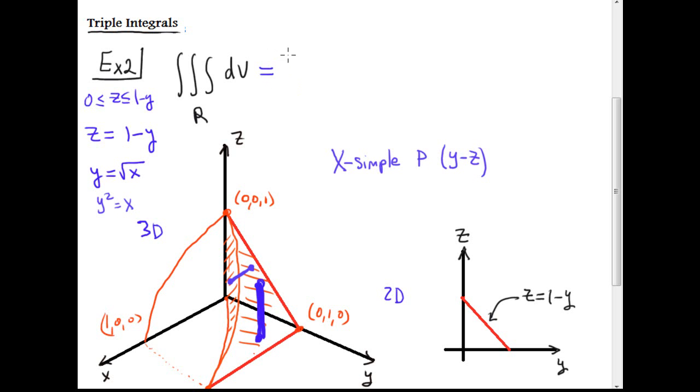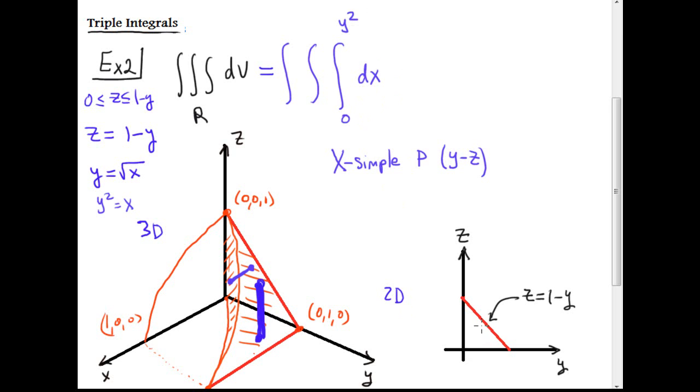Okay, let me set up the first integral. Triple integral. You integrate first with respect to x because it's x simple. The limit is from 0 to the x value of the cylinder, which is y squared. I did the first layer. For the second layer, I go to the projection.